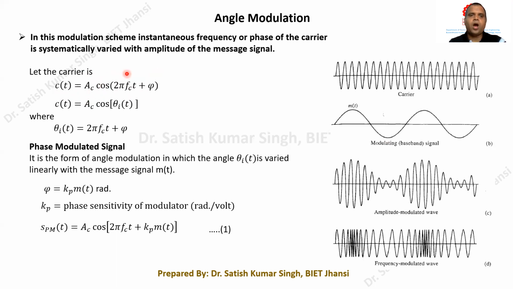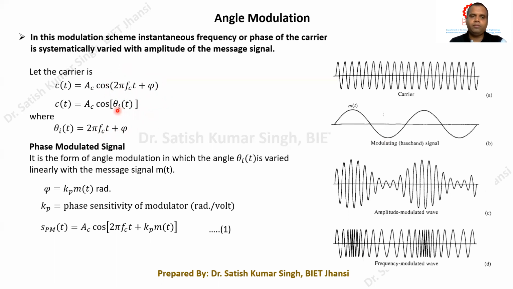Now we have to look at how the frequency component and the phase part of this carrier can be made to vary linearly with respect to the message signal. If we call the entire angle of this cos as theta_i(t), the instantaneous angle of the cosine function or the carrier wave, then theta_i(t) is nothing but 2 pi fct plus phi.